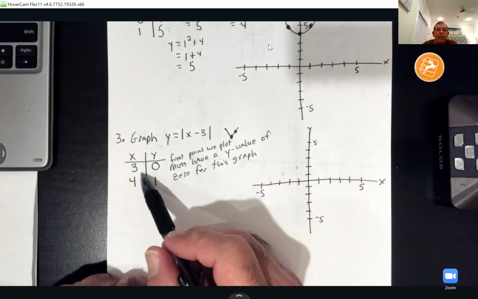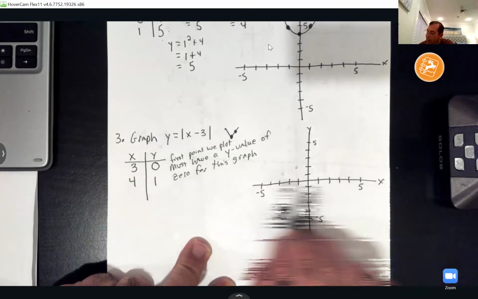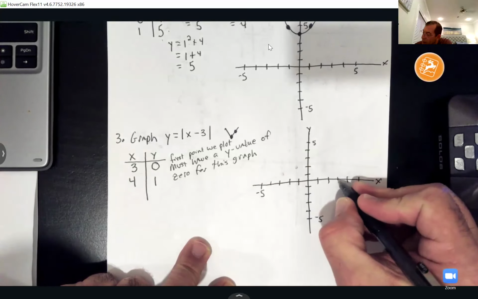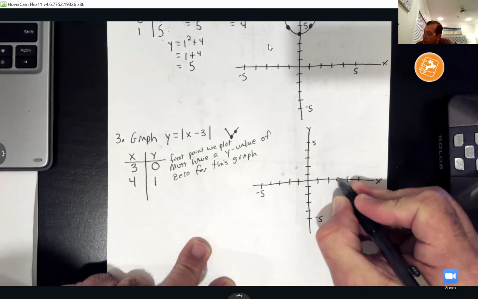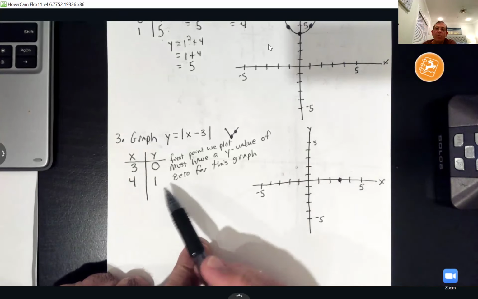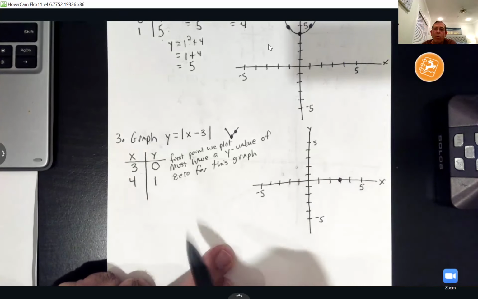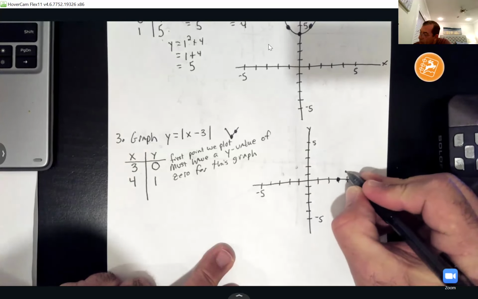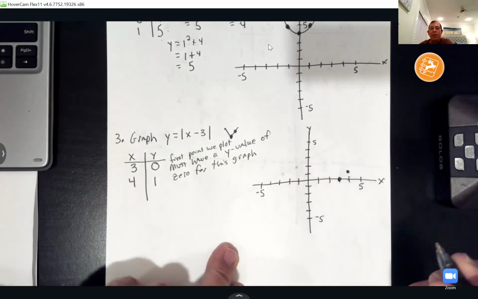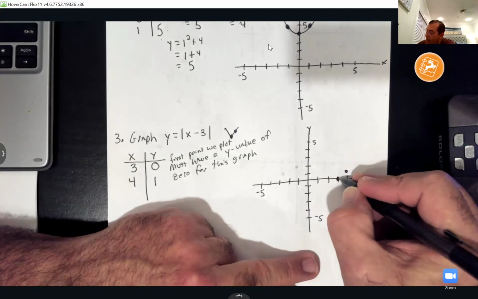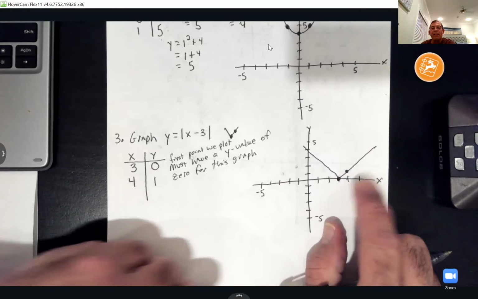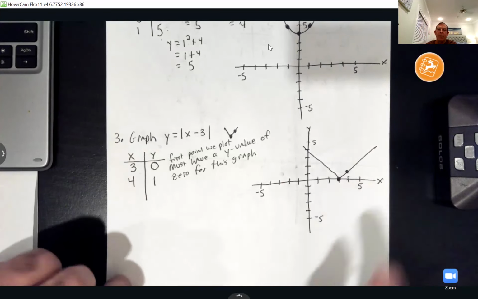All righty, so 3, 0 has to be my first point, has to be on the x-axis. So go right 3, 0 for the y, and put your first point. And then whatever other point, so I used 4, 1. So I'm going to go right 4, up 1. Y'all, when I do that in MATLAB, it's going to put my V-shaped graph for me, okay?